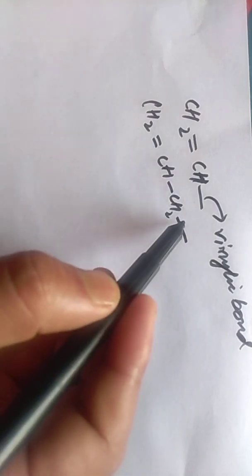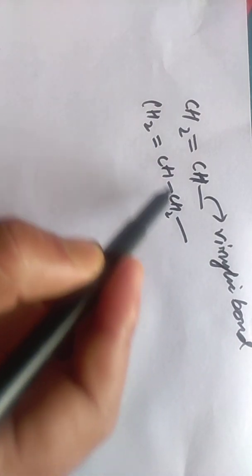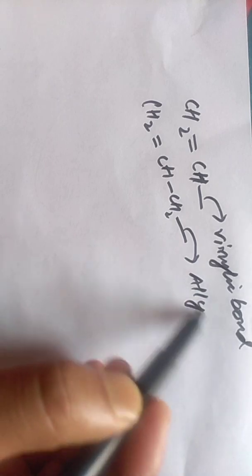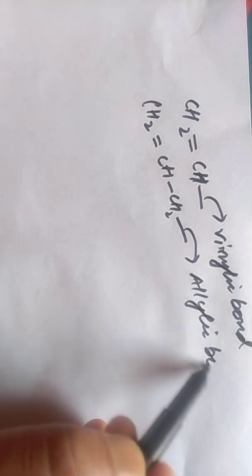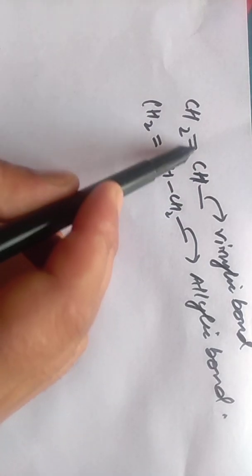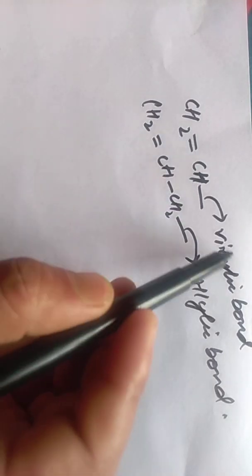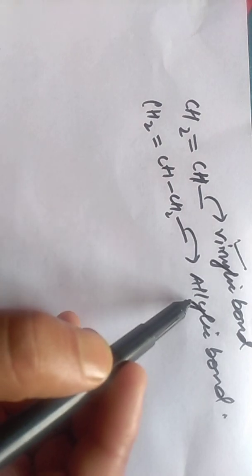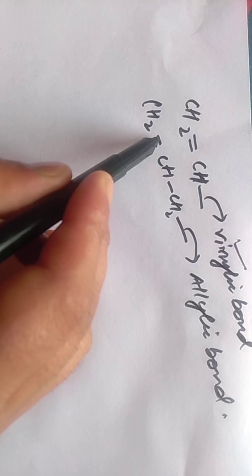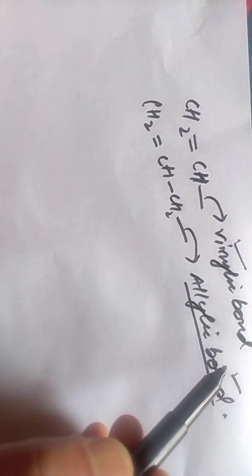Now this bond, other than the bond which is attached to this double bond, is called an allylic bond. This bond which is attached to the double bond is called a vinylic bond, and this bond other than this one which is attached to the double bond is called an allylic bond.